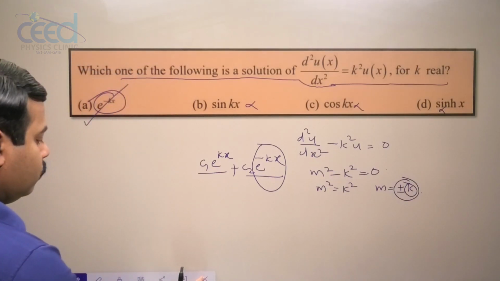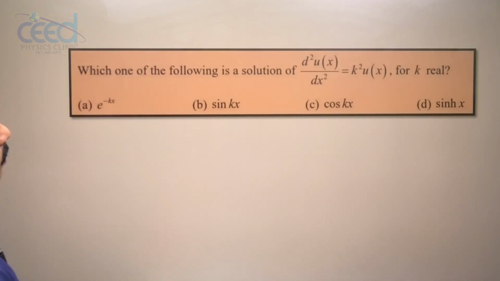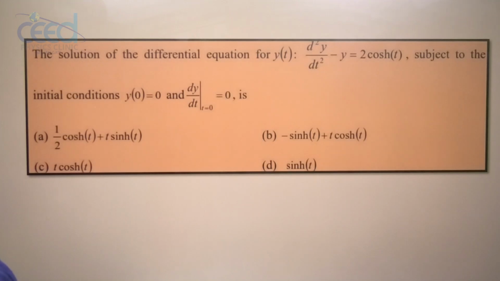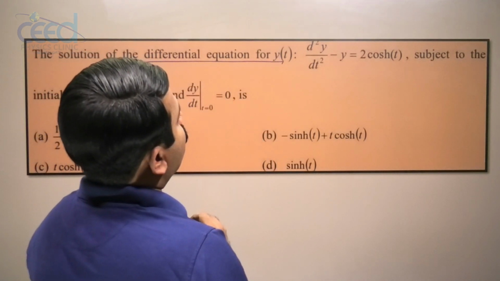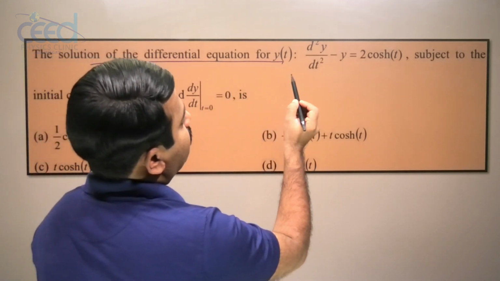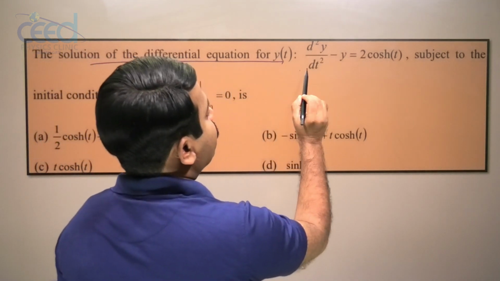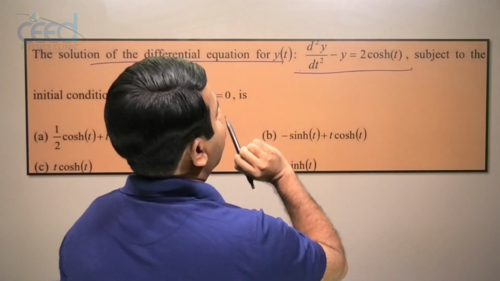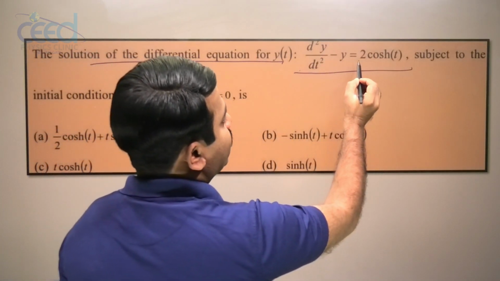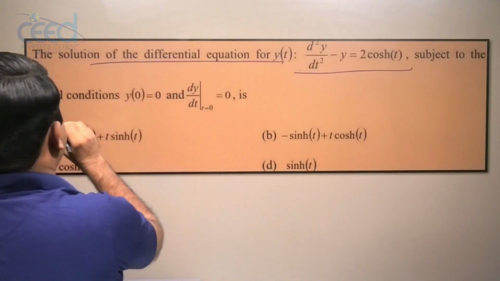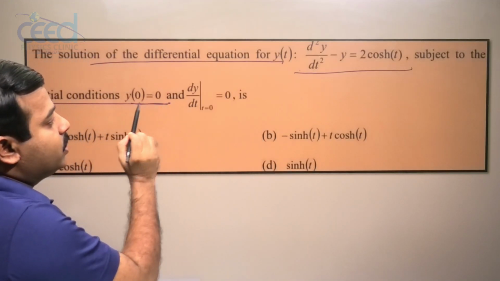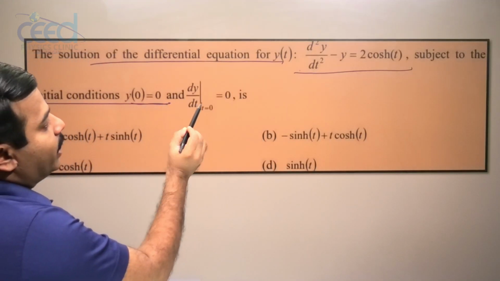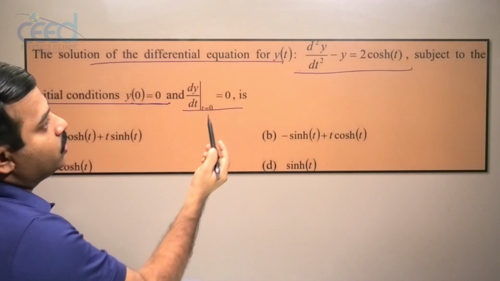Alright, now let us go to the second question. The differential equation for y of t is given as d square y by dt square minus y is equal to 2 cosh t, subject to the initial conditions y of 0 equal to 0 and dy by dt at t equal to 0 is 0.